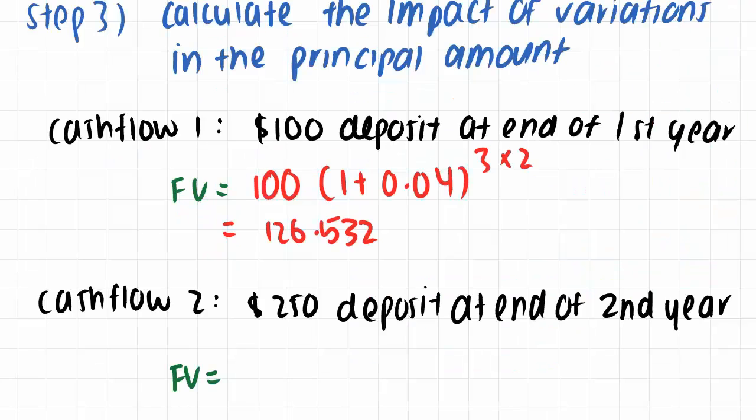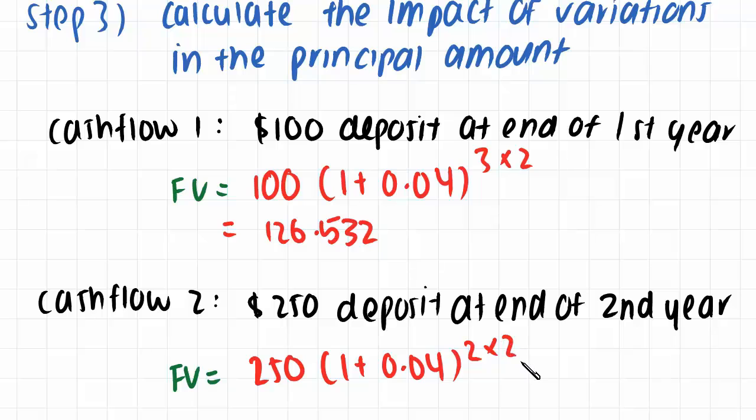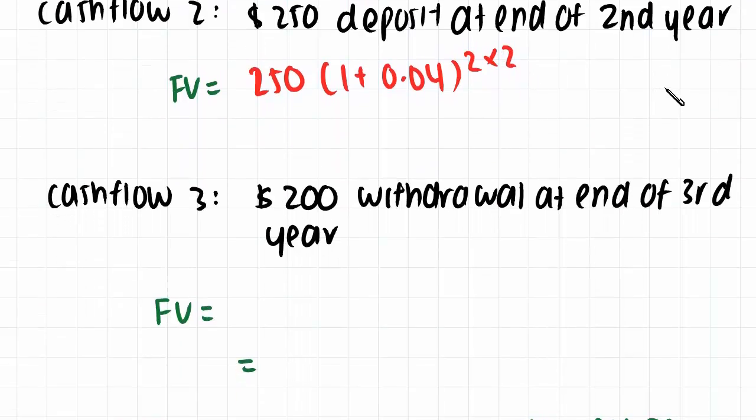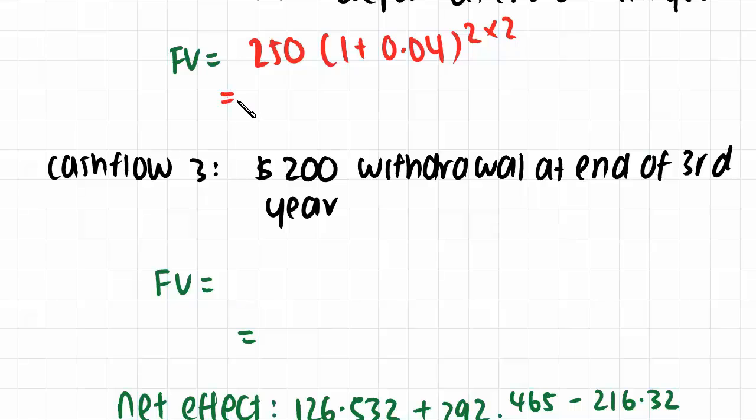The future value equation would be 250 times 1 plus 0.04, to the power of 2 years times the number of compounding per year, that's 2. And that should give us a value of about $292.47.